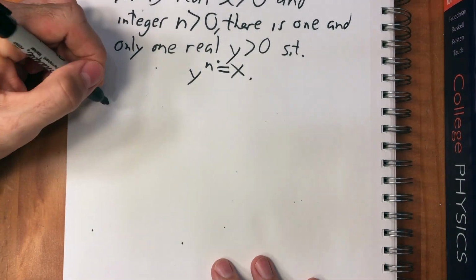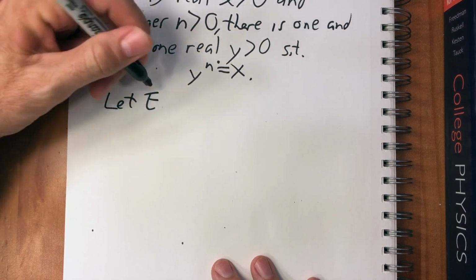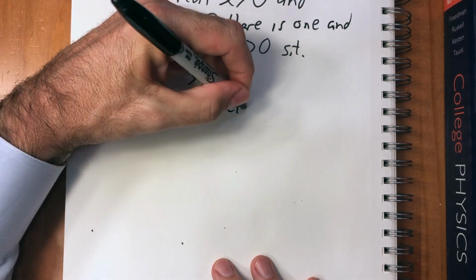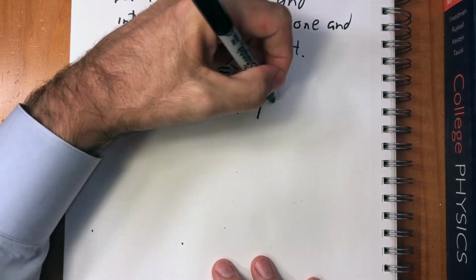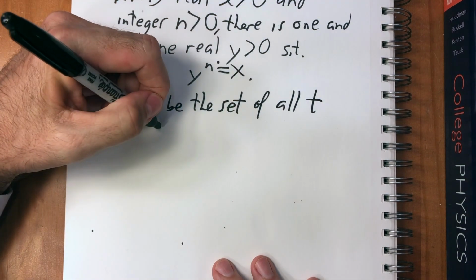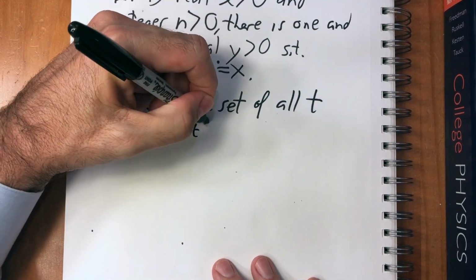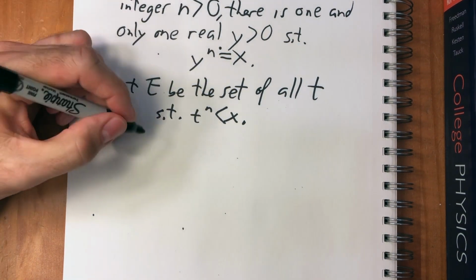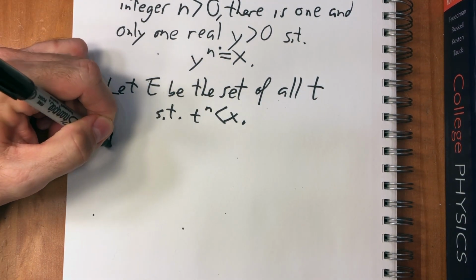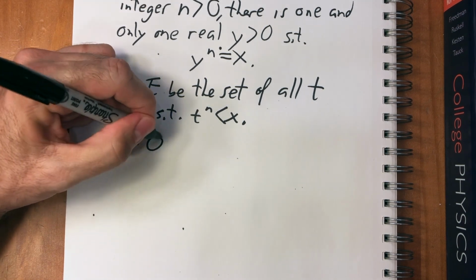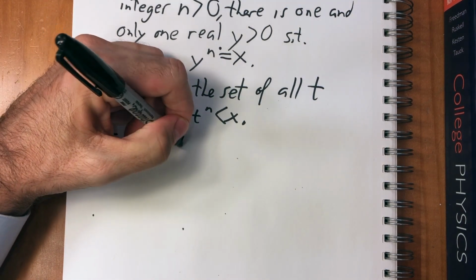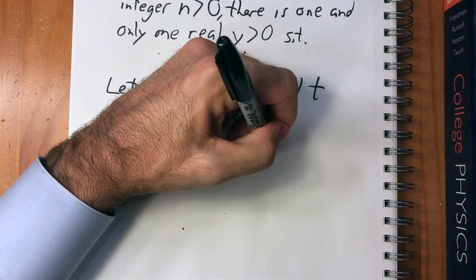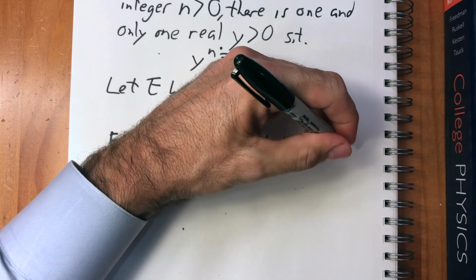So we're looking at a set E, the set of all t such that t to the n is less than x. That's the set that we're examining. First we showed that E is not empty, and we showed that E is bounded above.